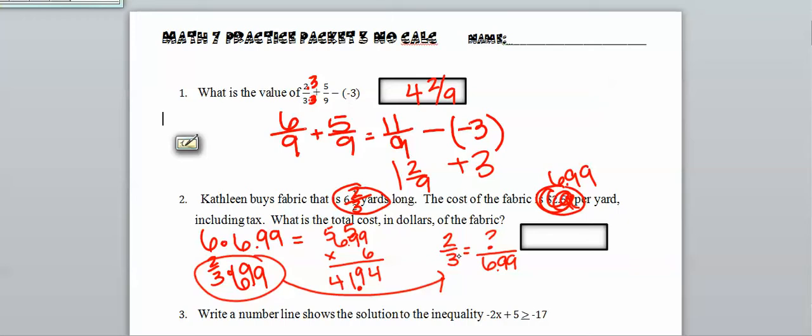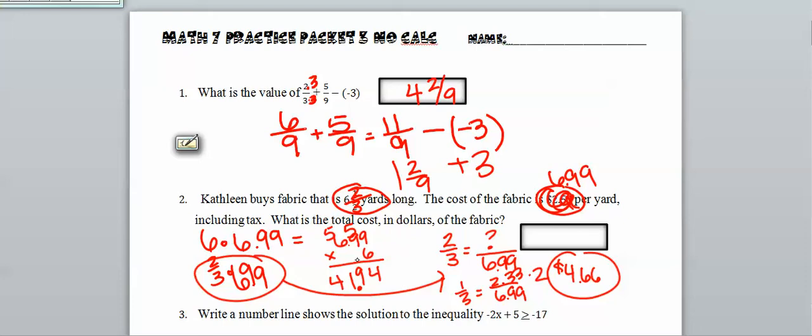Well, I'm going to take $6.99 and divide it by 3. So if it was 1/3, it would cost me $2.33 because $6.99 divided by 3 is $2.33. So double that, and it's $4.66, okay, for the 2/3 of a yard.